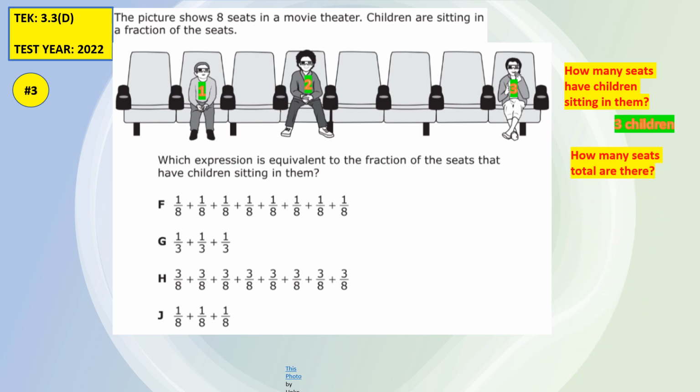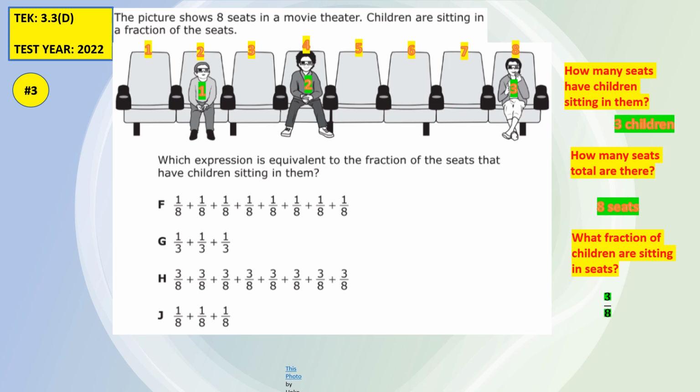I have 3 children that are taking up space in 8 seats. So the fraction of children that are sitting in seats is 3/8.